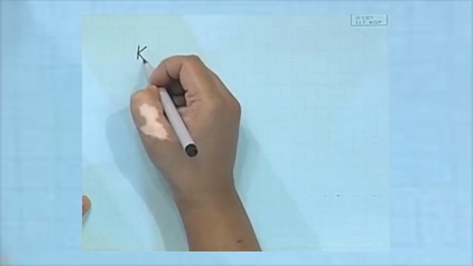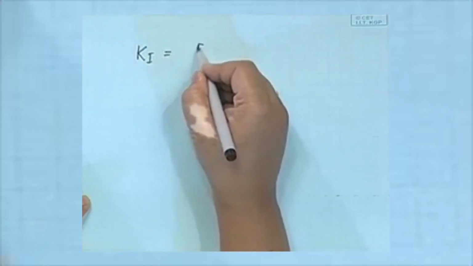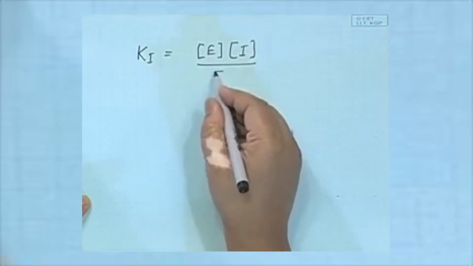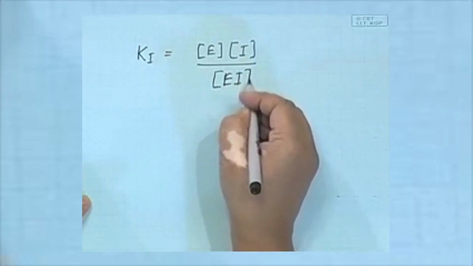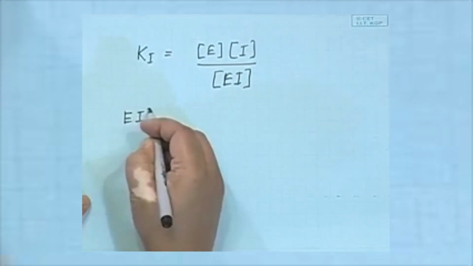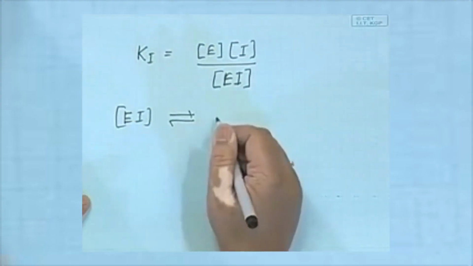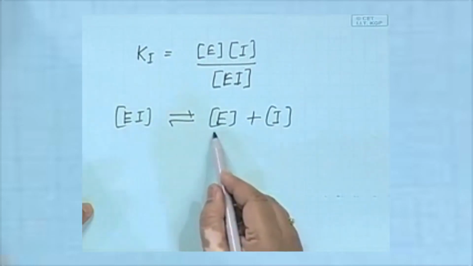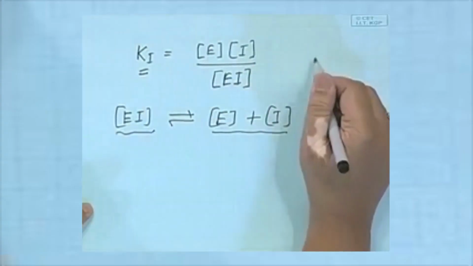I am saying that Ki is equal to E times I over EI, a dissociation. I don't have to put the concentration brackets in there. What is the unit for Ki? A molar unit.